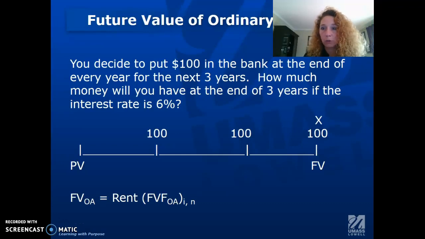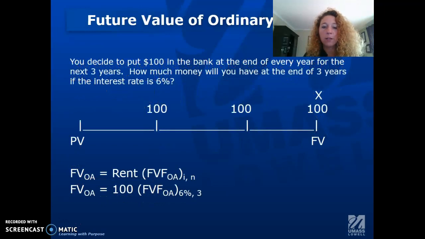You don't have to, or you could subscript it differently, but you want to make sure it's different from your single sum formula. And you'll see that the formula is slightly different. The future value of an ordinary annuity is equal to the rent times the future value factor of an ordinary annuity for the right interest rate and the right number of periods, right? You see a theme here, I hope. Okay. So now again, what's on the left-hand side is what you're looking for, and on the right-hand side is the table that you're looking for. Okay?